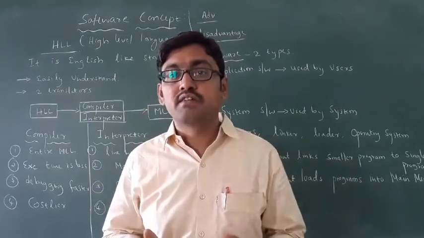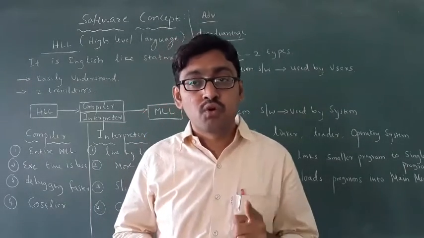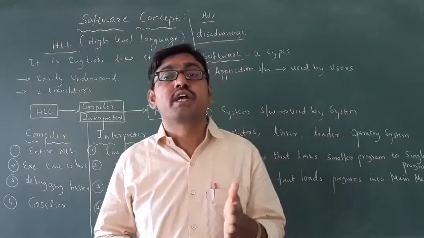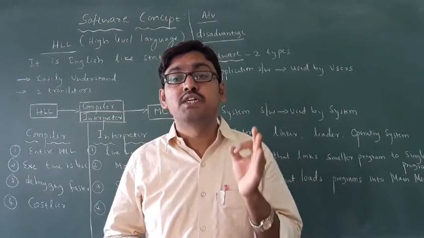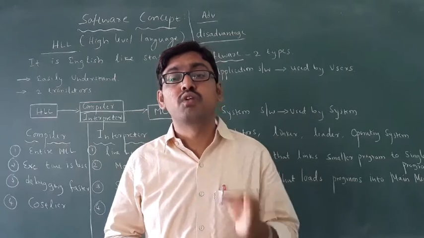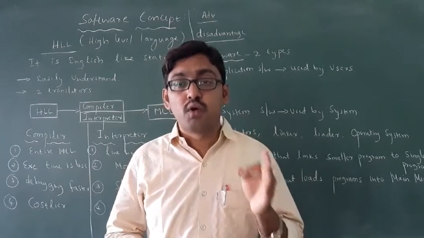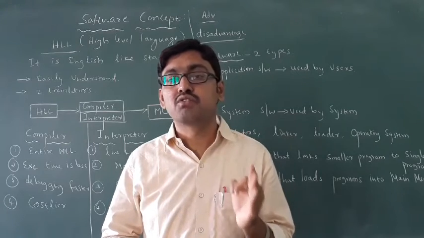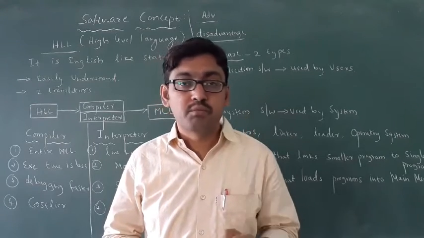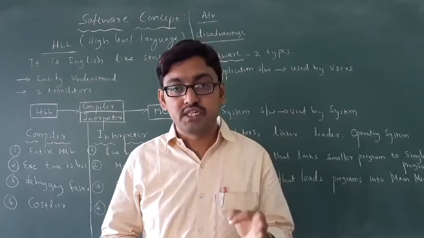Which language can the computer understand? Already you know the computer can understand only machine level language. It knows only 0 and 1 because it is an electronic machine. An electronic machine consists of only electrical components, with on and off states.